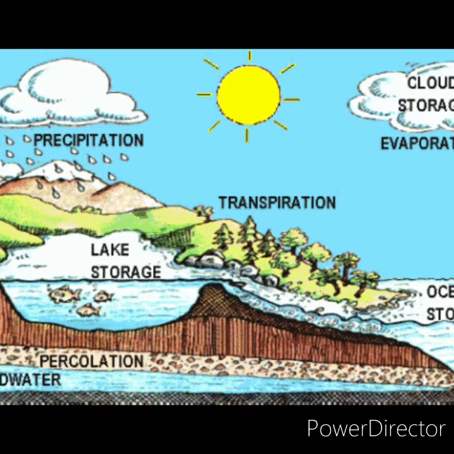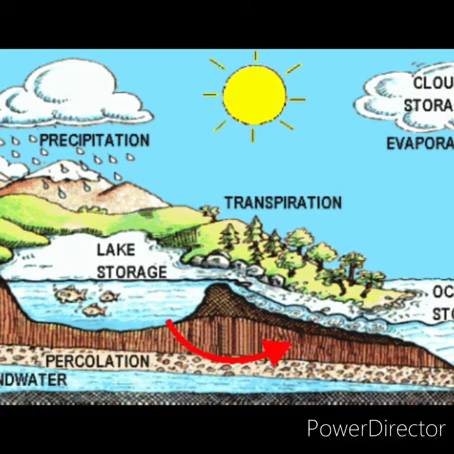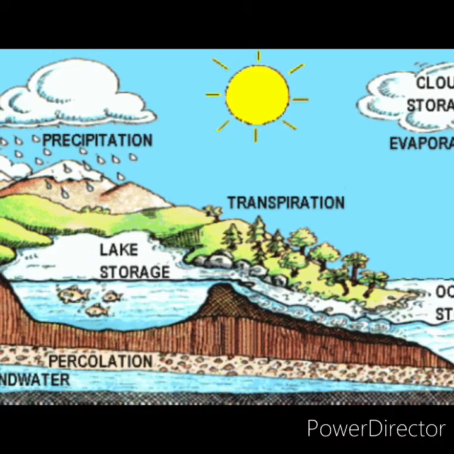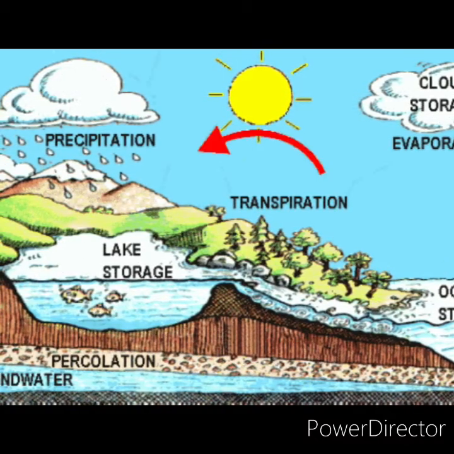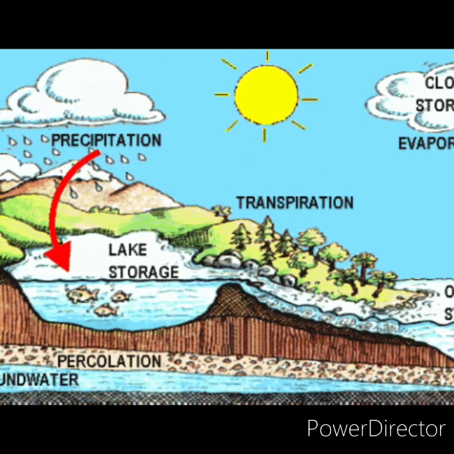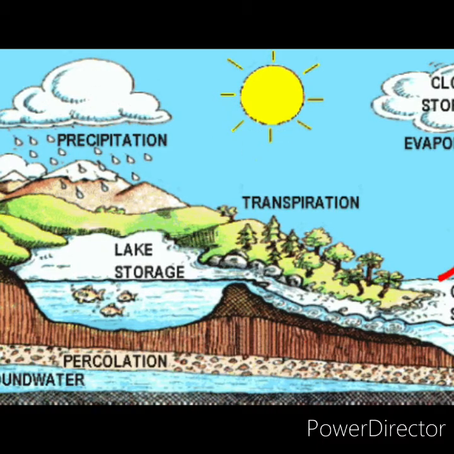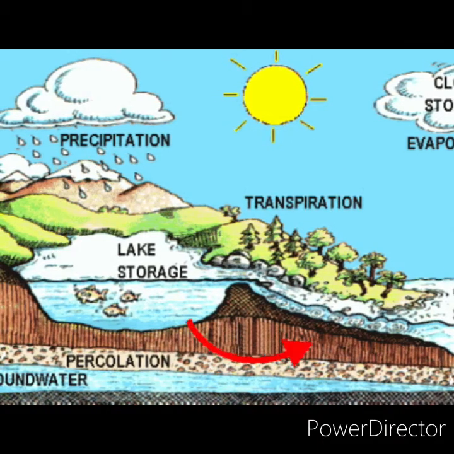A part of the water from precipitation flows over the land, called runoff, and the other part infiltrates into the soil, which builds up the groundwater. The three important phases of the hydrological cycle are evapotranspiration, precipitation and runoff.